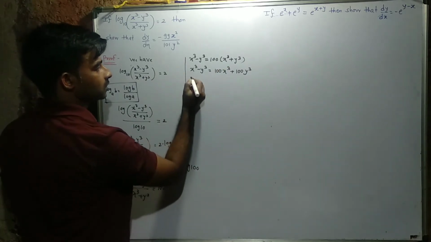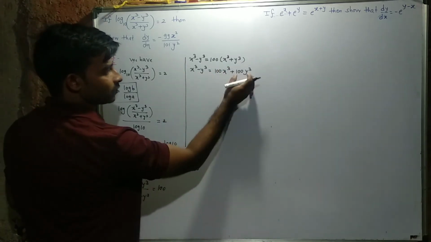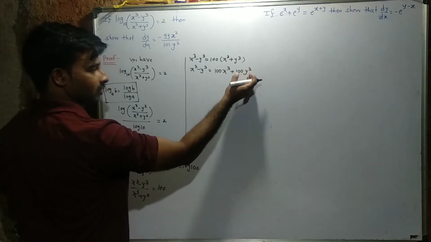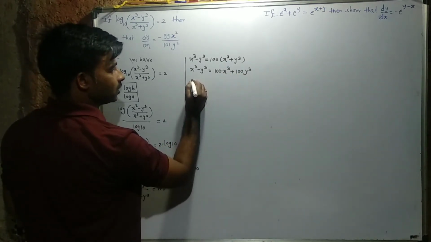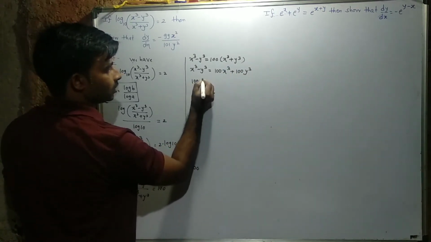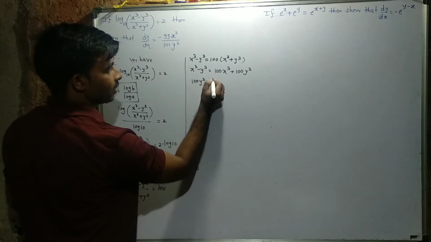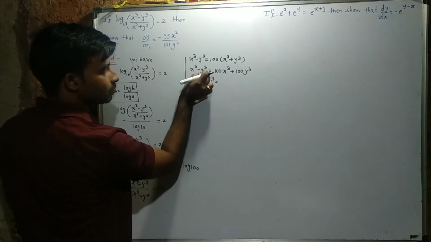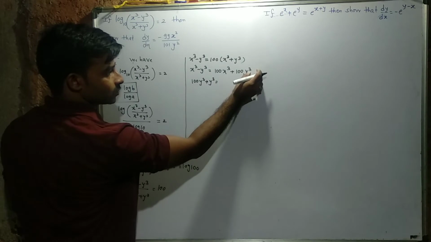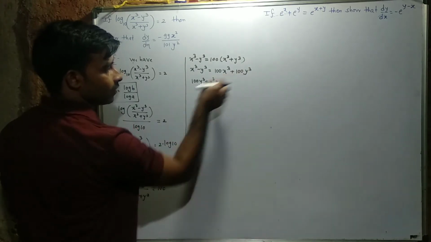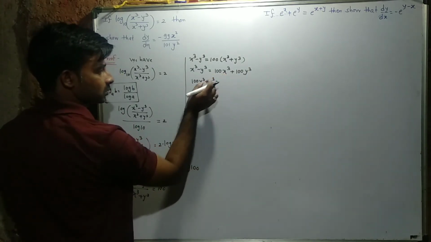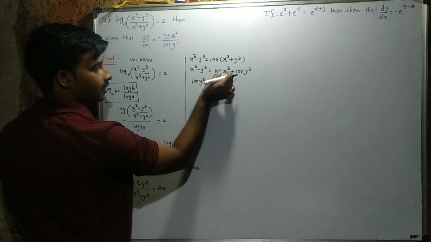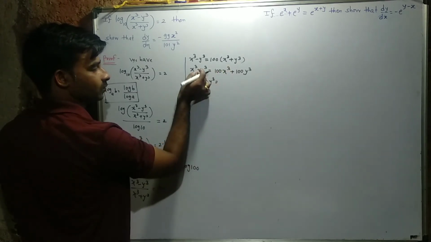First we write the terms of y: 100 y cube plus y cube, since the minus y cube is transferred here, and the 100 x cube is transferred to this side.